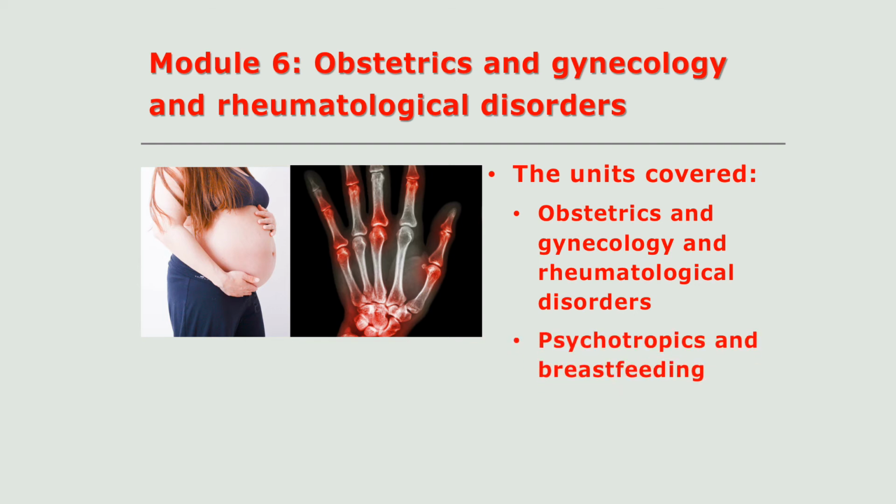The second unit of this module deals with psychotropics in breastfeeding. Although it is a distinctive unit in the module, the issue of psychotropics in lactation is discussed in the second slide under the module and before rheumatological disorders in order to ensure proper flow of information.